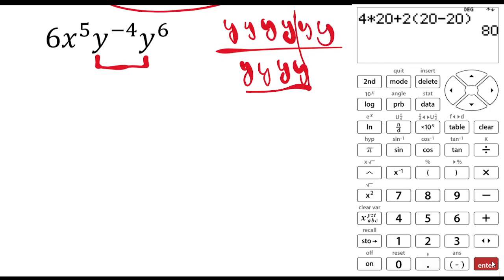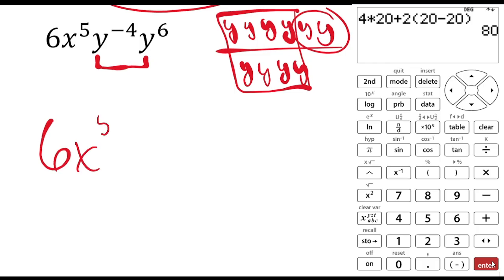So there's a giant 1 there, and I'm just left with 2 factors of y. The shortcut, of course, is that negative 4 plus 6 is 2. We're left with y squared. So my answer for this is going to be 6x to the 5th power times y to the 2nd power. And I can see that's quite simple.